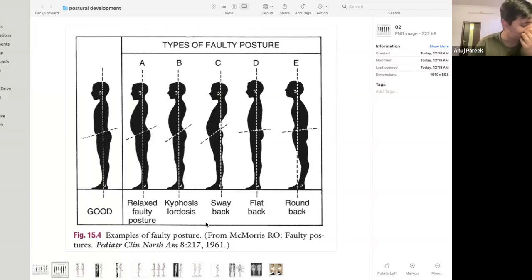I was teaching one of my students, and he gave one of the best examples of a sway back. I don't know if you can connect it or not. There is a very famous TV show which we always see. It's called Tarak Mehta, and in that there is a character called Bhaga, and you will see that guy always standing like this. Have you seen that guy always standing like this, where he's pushing his pelvis forward?